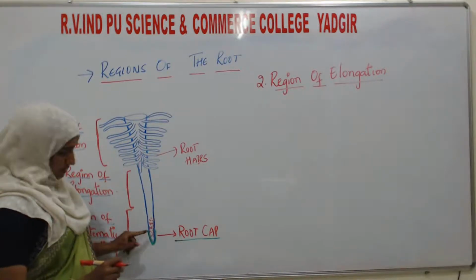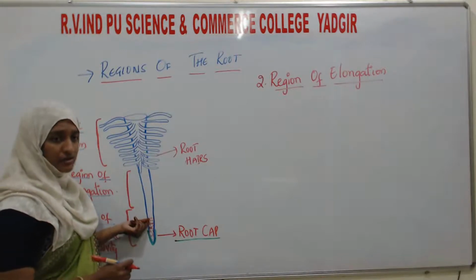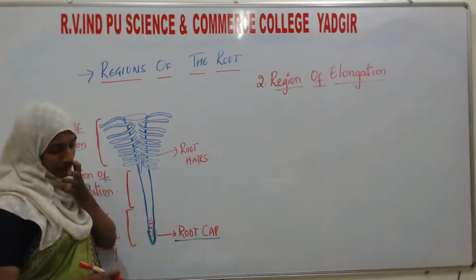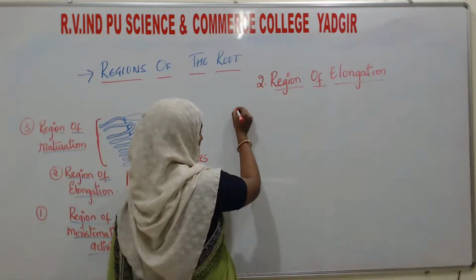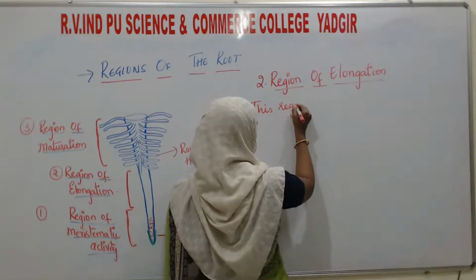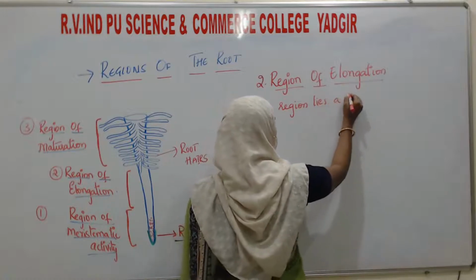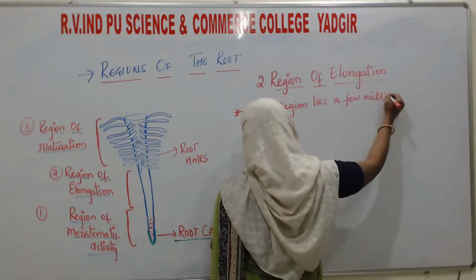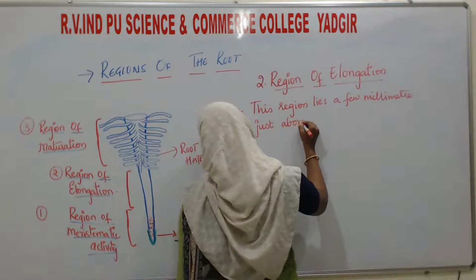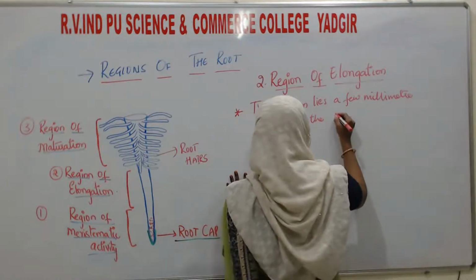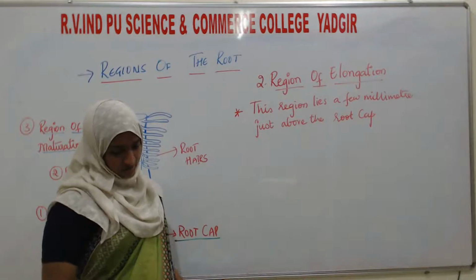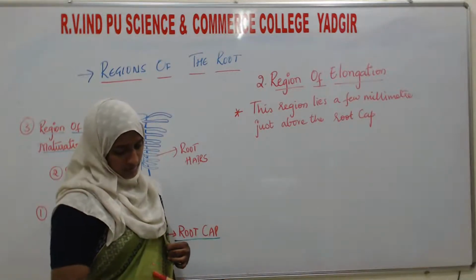This is the root cap. From here, a few millimeters just above the root cap, there is the next region, the region of elongation.